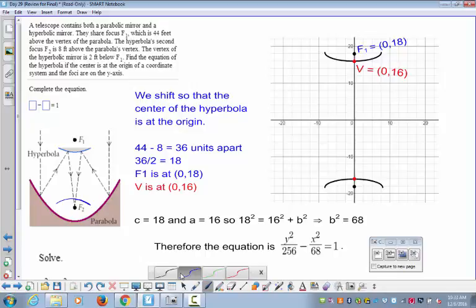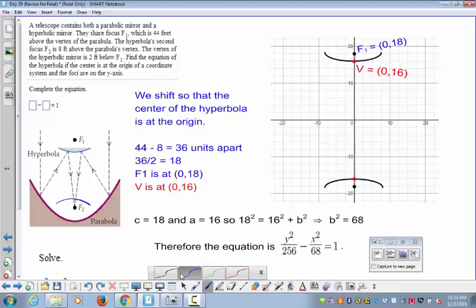So that's what we have. And the end goal is to find the equation of the hyperbola if the center is at the origin.